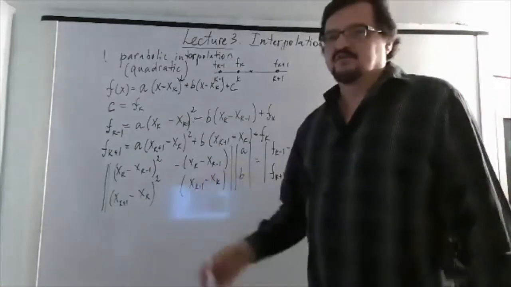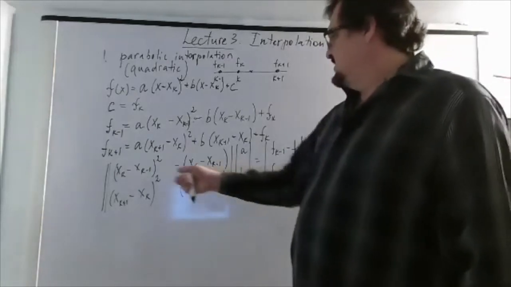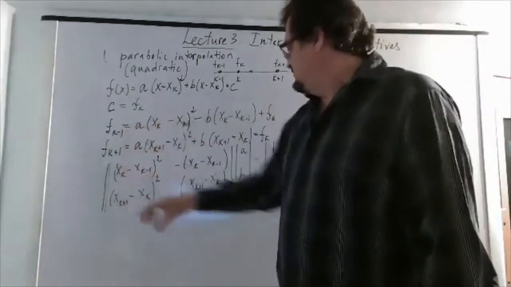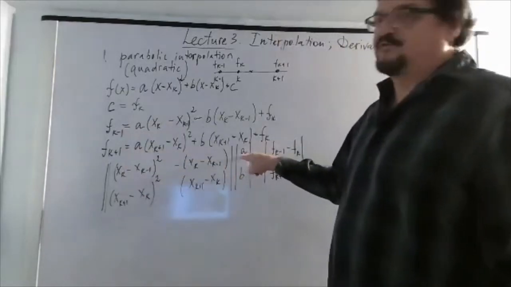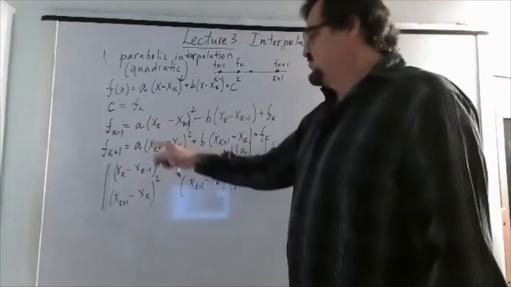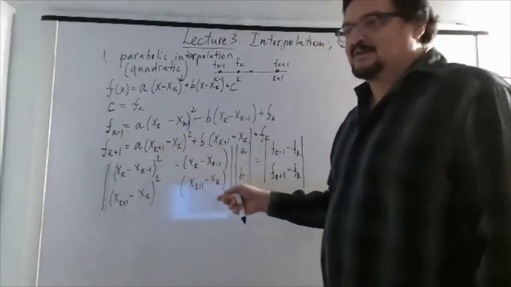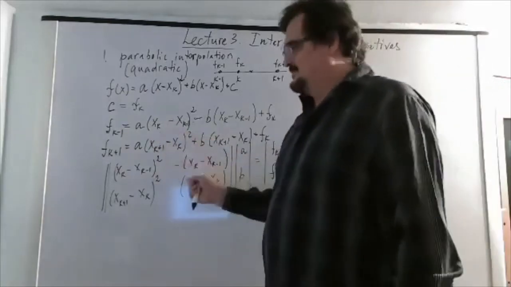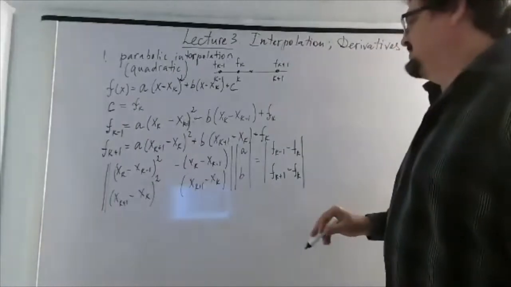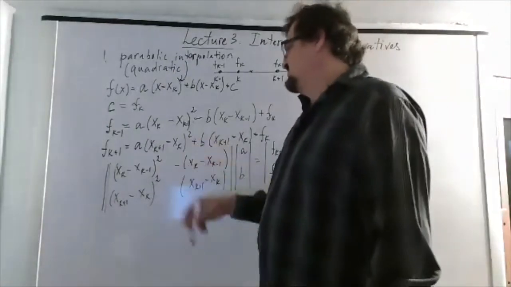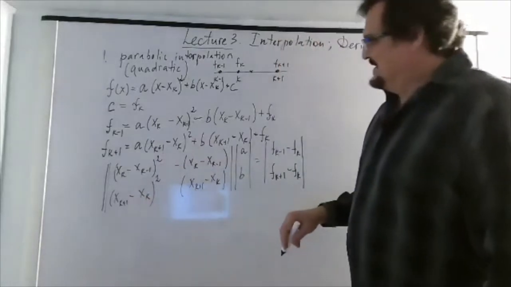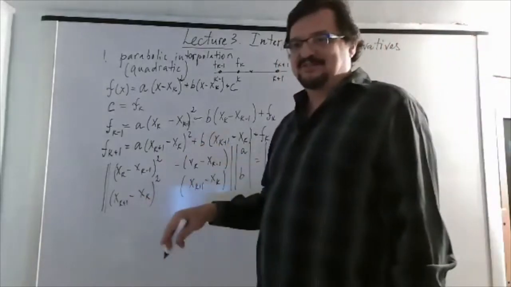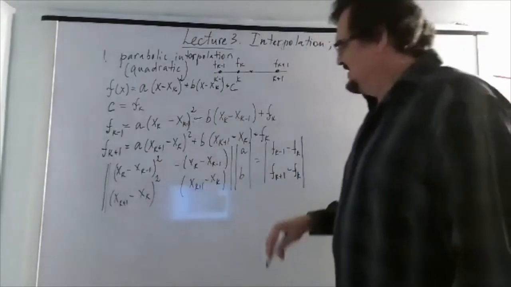Then you use Cramer's rule: you take this column and replace it with the column of the right-hand side, and this gives you the value for a. As I did in lecture 1, you compute determinants, and you divide by the determinant of the original matrix, and that gives you a.